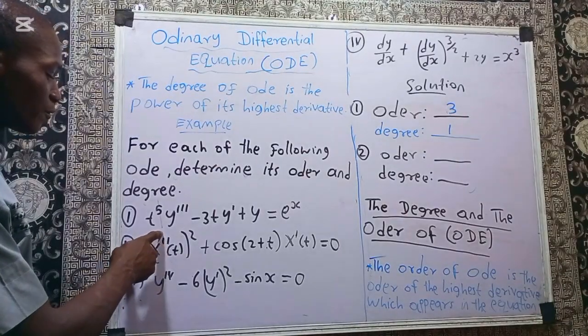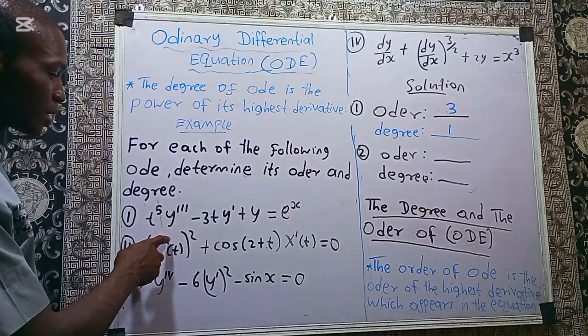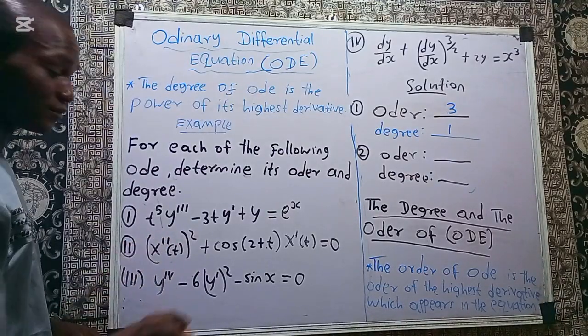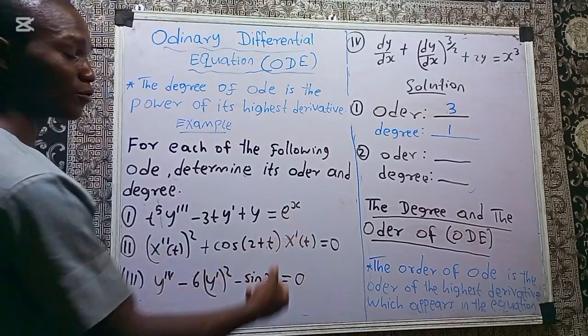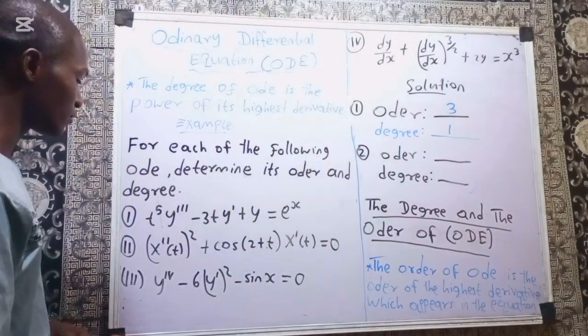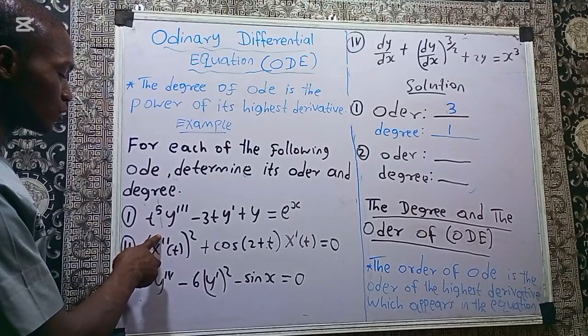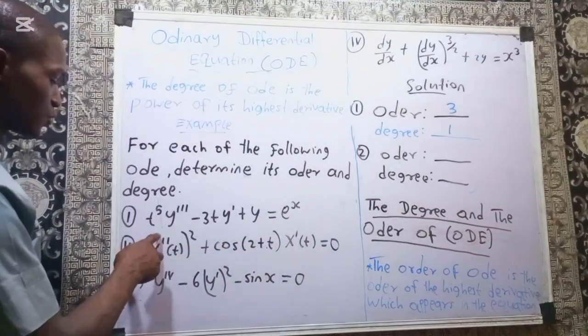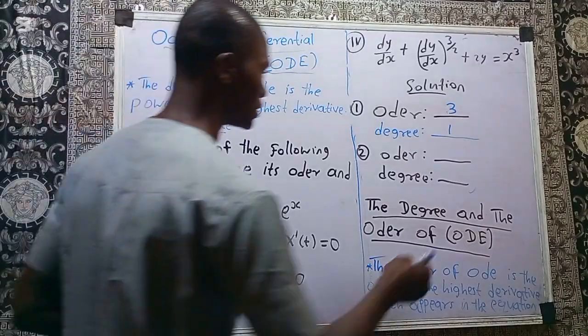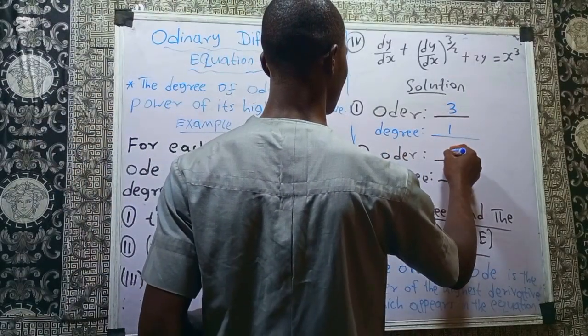If you have 1 in Roman numeral, this is 2, right? So we are having x prime. You have 1 in Roman numeral, you consider it's 1, right? So this is 2 and this is what? 1. So which one is the highest? 2 is the highest. So the order is what? 2.